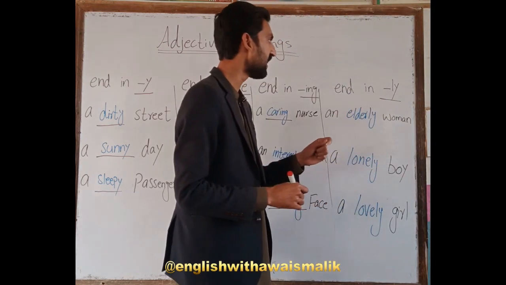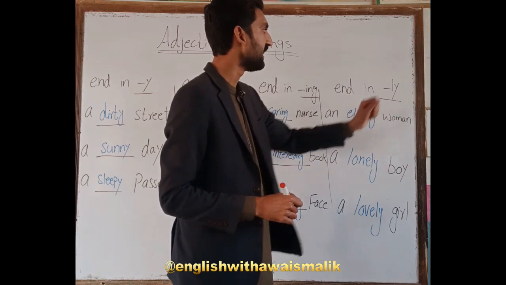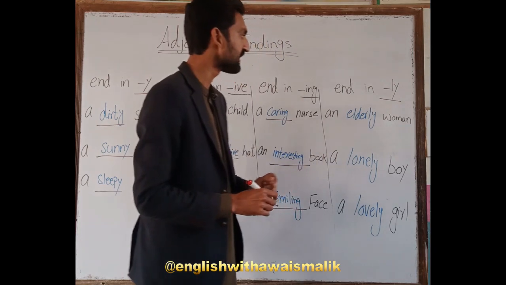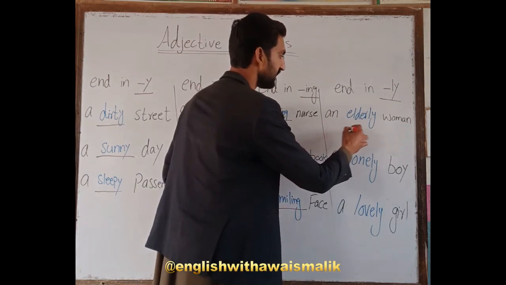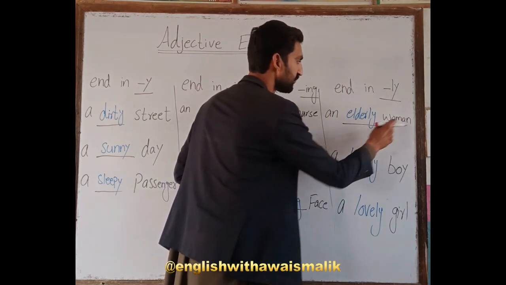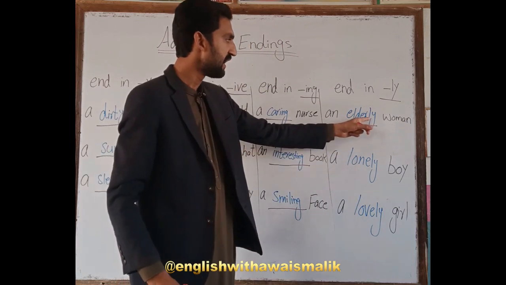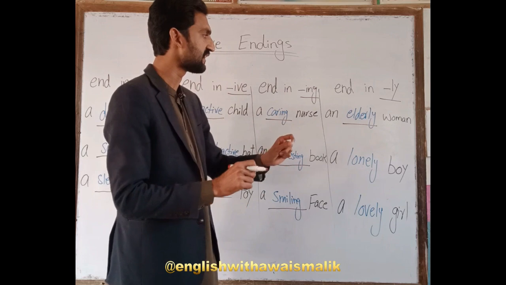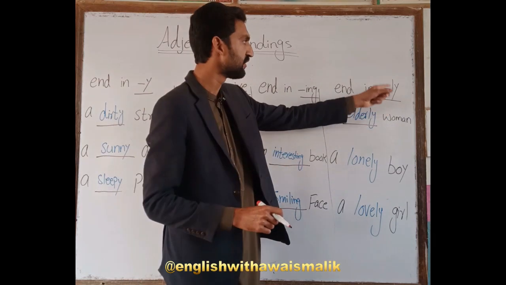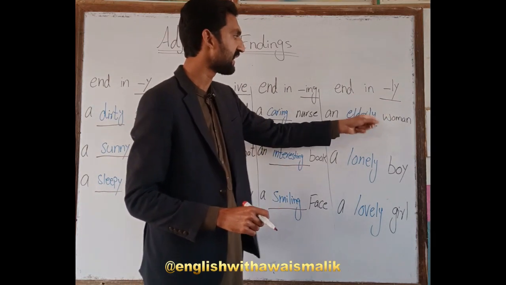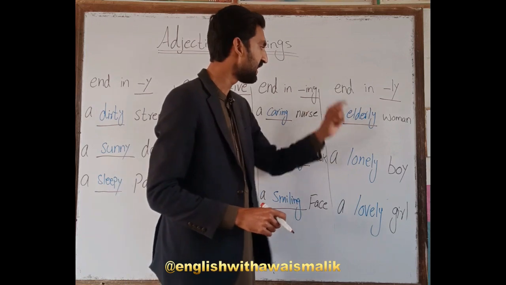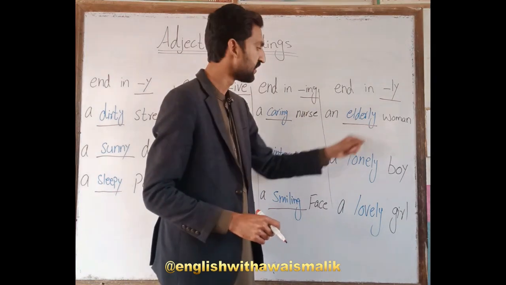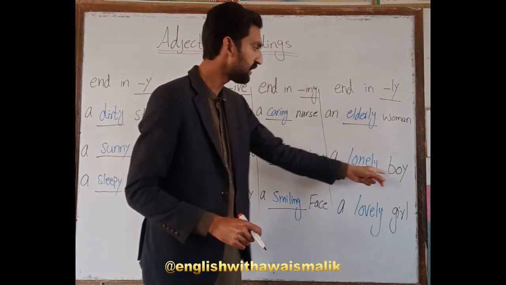And next we have LY. Mostly adjectives end with LY. For example, an elderly woman. The word elderly ends with LY. Whenever we try to make certain adjectives, we mostly use the letters L and Y at the end of these adjectives. Further we have the example a lonely boy.